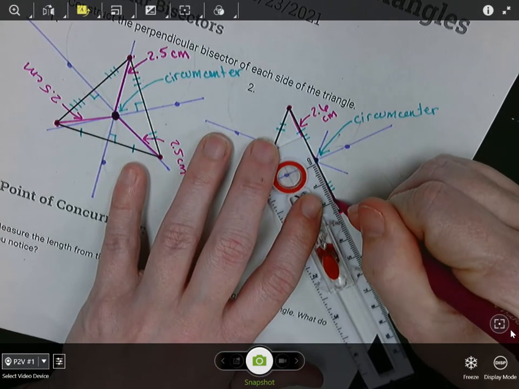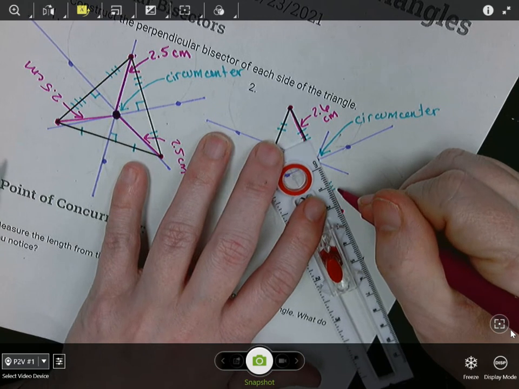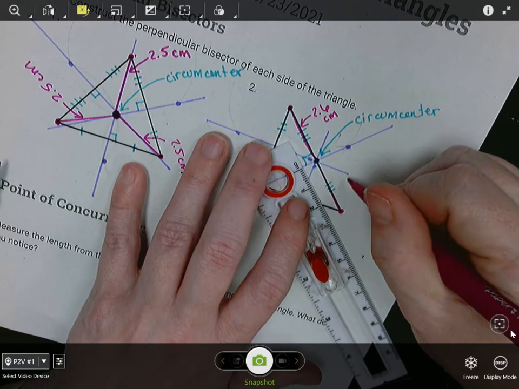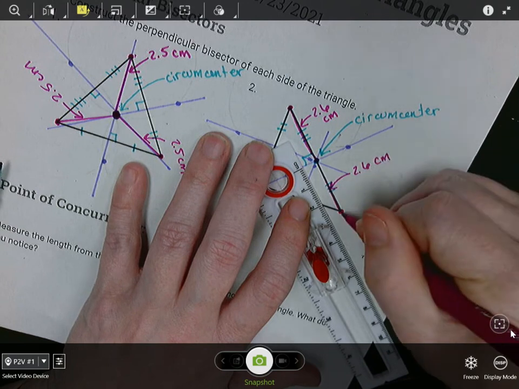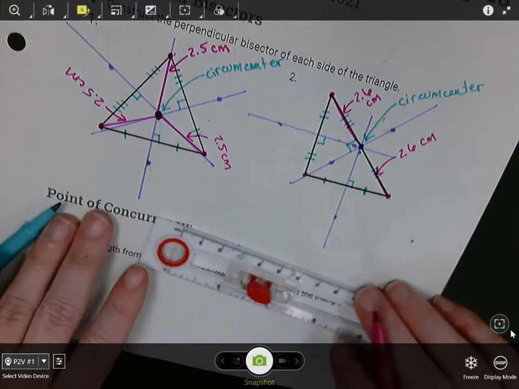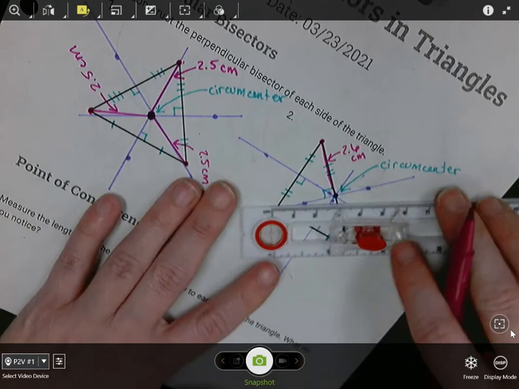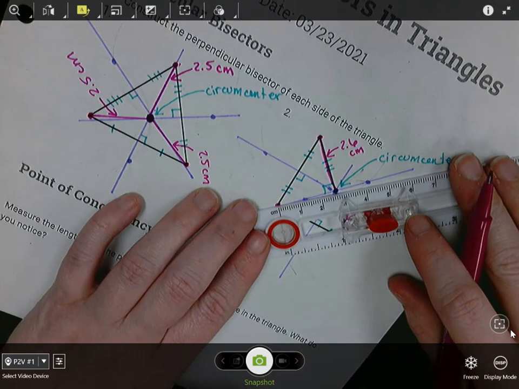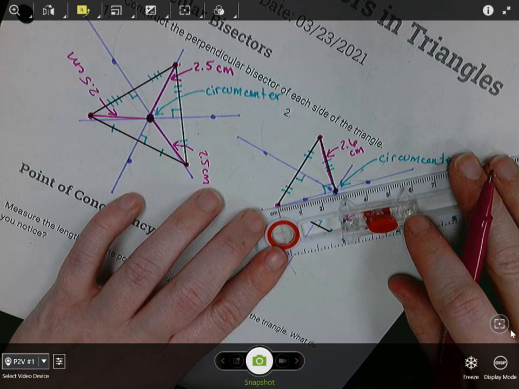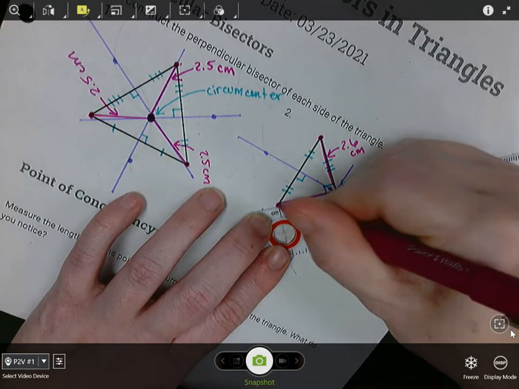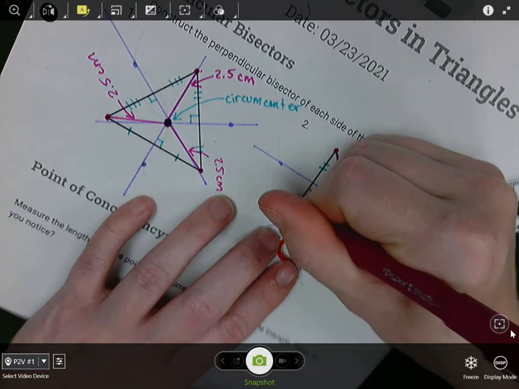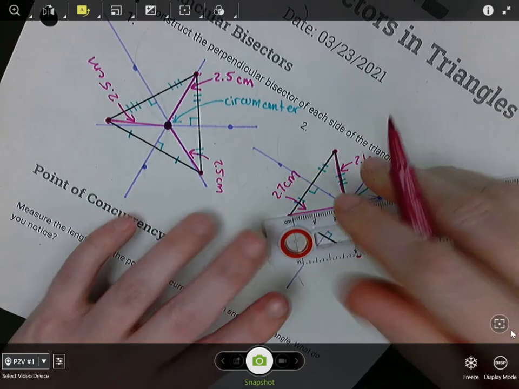My point's a little bit big, and I've got it off center, but mine's about 2.6 also. It just looked like 2.7. Now let's measure from the right angle. That one's also 2.7. So what do you notice about all the measurements from the circumcenter?